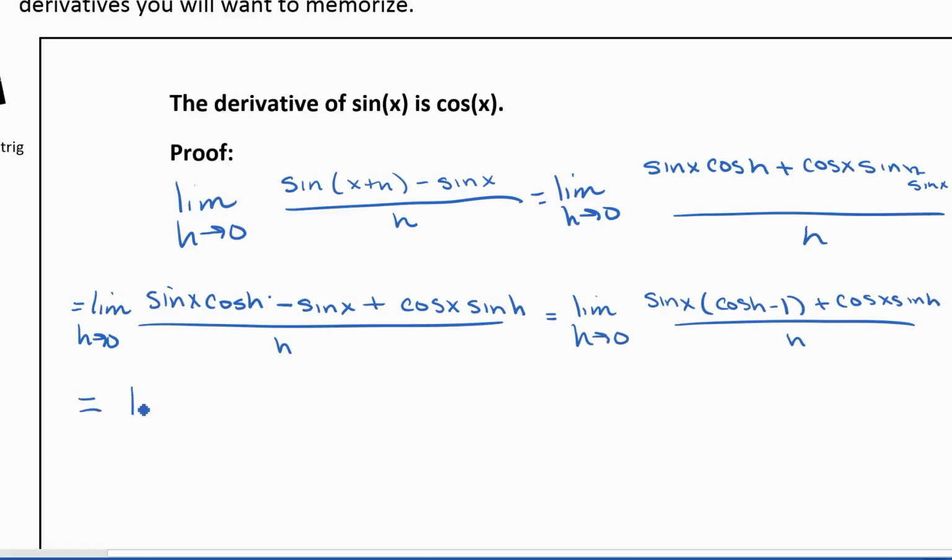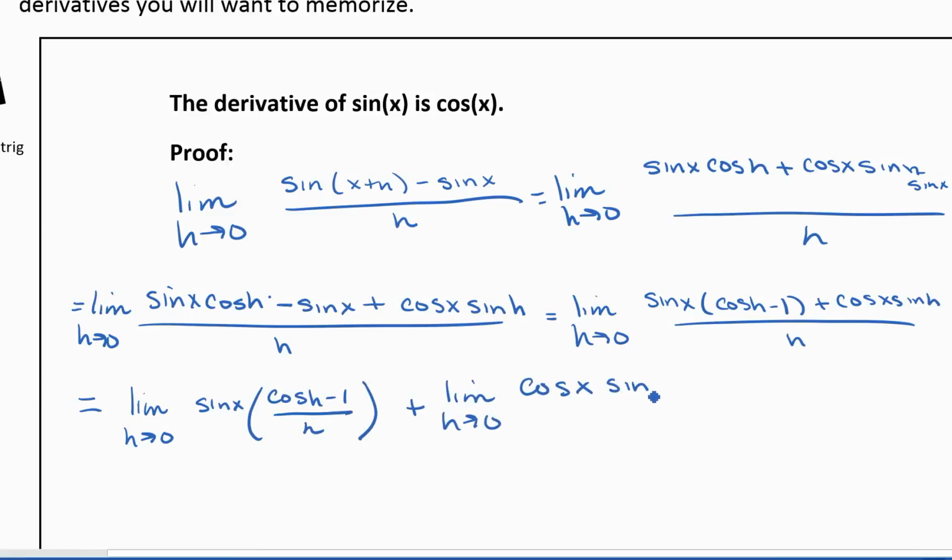So we're going to write this as the limit as h goes to 0 of sine of x times the cosine of h minus 1 over h plus the limit as h goes to 0 of cosine of x sine of h over h.